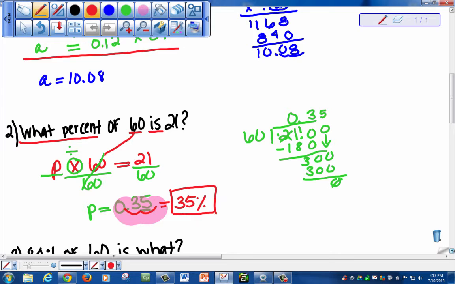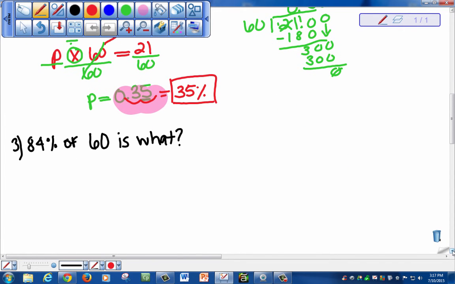Now, example number 3. We have 84% of 60 is what? Well, since we have a percentage right here, let's convert it to a decimal. It will be 0.84 because we moved the decimal twice, right? Of means multiplication. We bring down the 60.